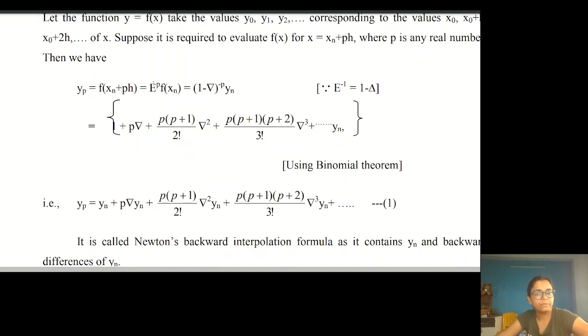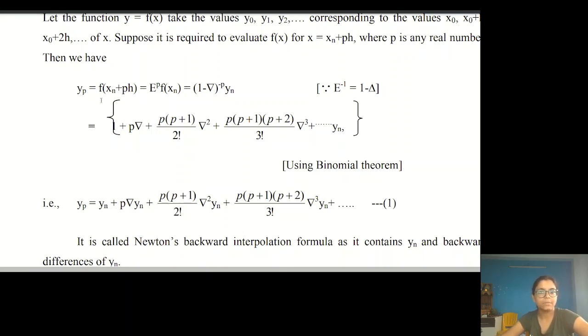And so with this relationship we could say yp equals f(xn plus ph). yp could be replaced with f(x) as yp equals f(xn plus ph).